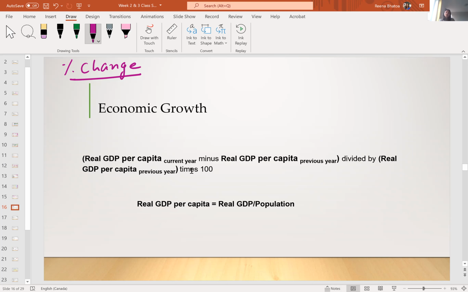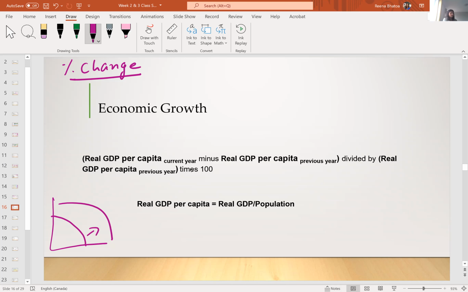So how do we calculate economic growth? We use the real GDP to calculate economic growth. So far, we have covered what economic growth is. It will make the economy move from a lower PPF to a higher PPF, right? Now, how much is the growth we calculate using the growth rate formula?